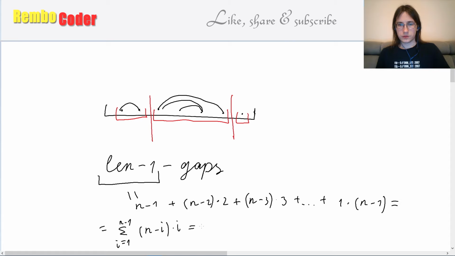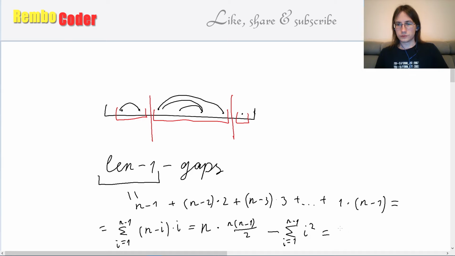So it's equal to n times the sum of I from 1 to n minus 1, which is n times n minus 1 over 2, minus the sum of squares of I from 1 to n minus 1. The sum of squares is a well-known formula.